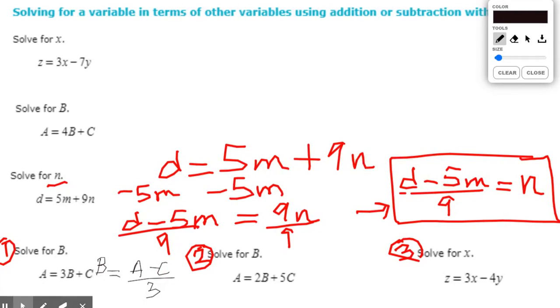For number 2, B is going to equal A minus 5C divided by 2. And for the last one, X is going to equal Z plus 4Y divided by 3.